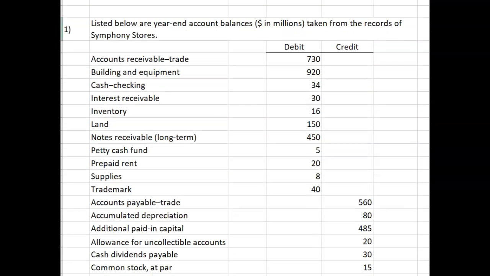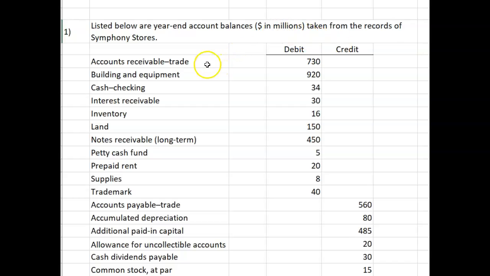The trick about this, though, is that it's not a true trial balance. In a true trial balance, you would have the debit and credit balances for all of the accounts, but the accounts would be listed in a specific order. It would list assets, followed by liabilities, followed by equity, followed by revenue, followed by expenses.